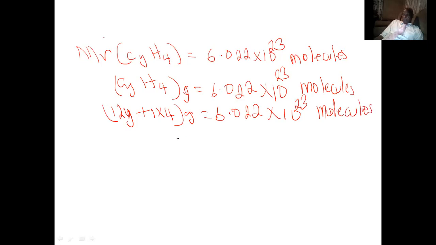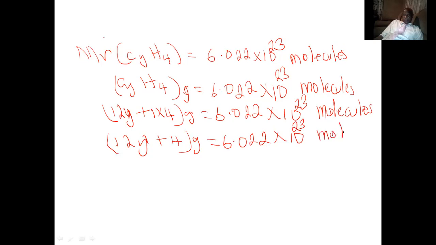And therefore, we are going to have 12y plus 4, in grams, giving us 6.022 times 10 to the power 23 molecules.